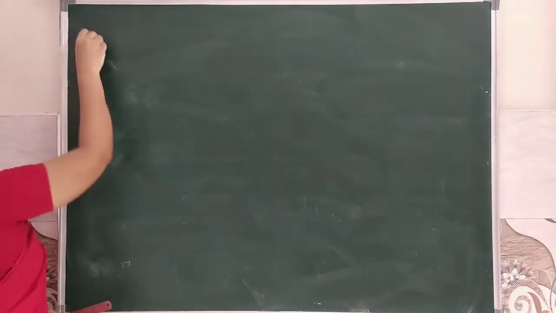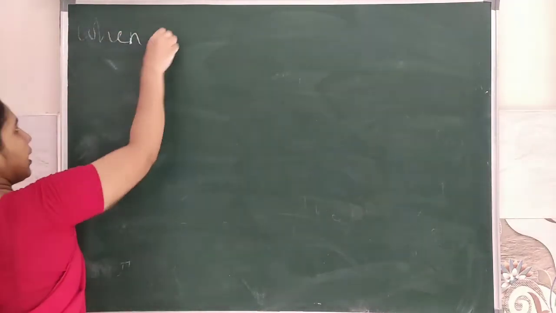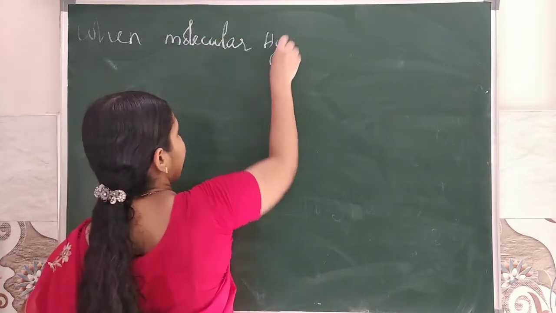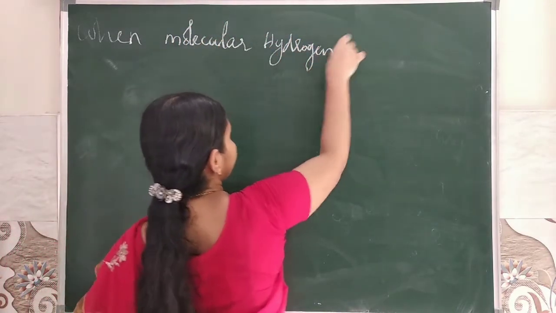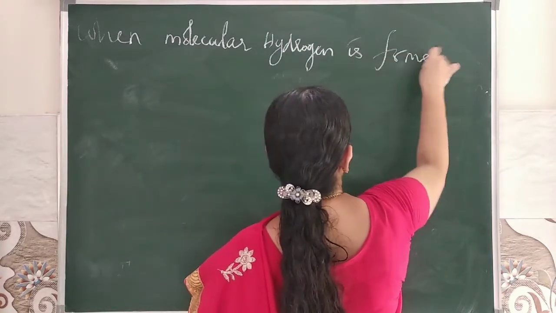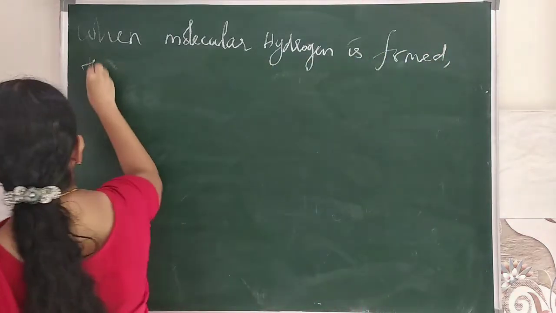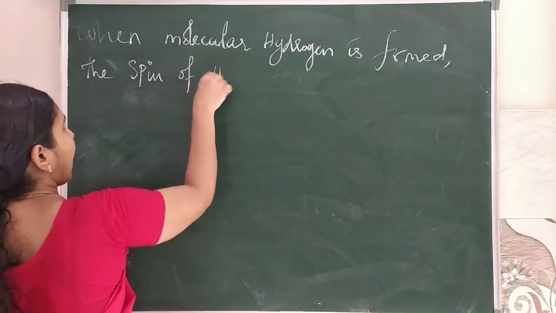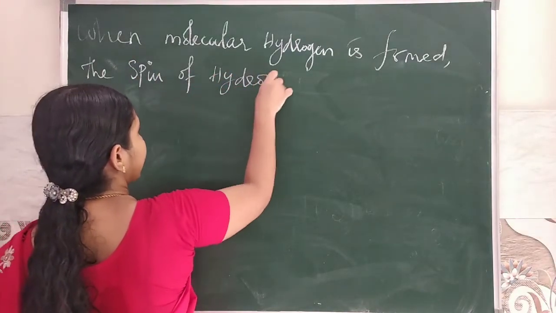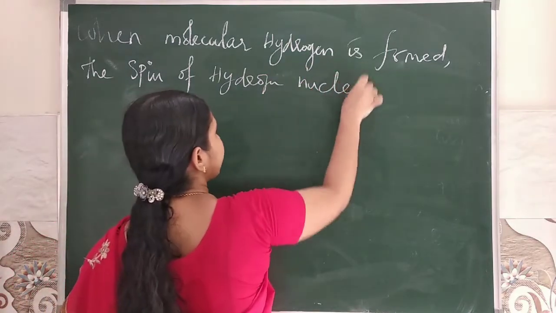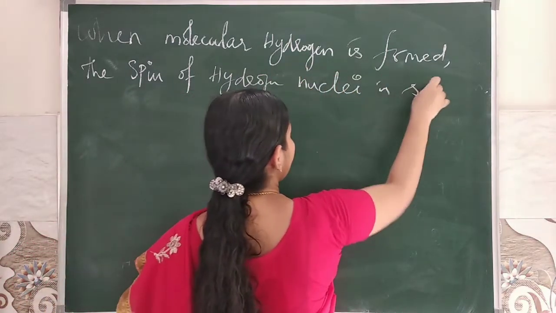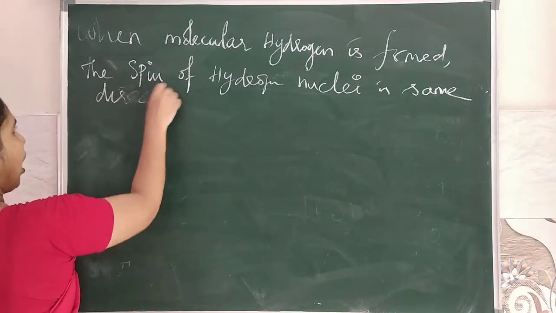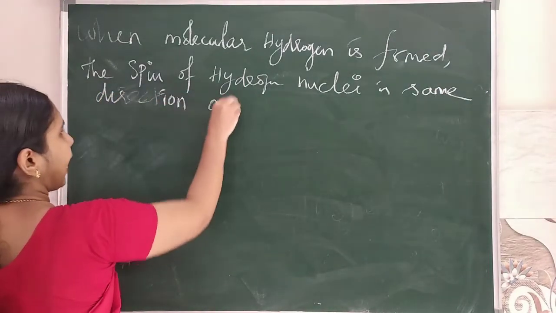So when molecular hydrogen is formed, the spin of hydrogen nuclei is in the same direction or opposite direction.